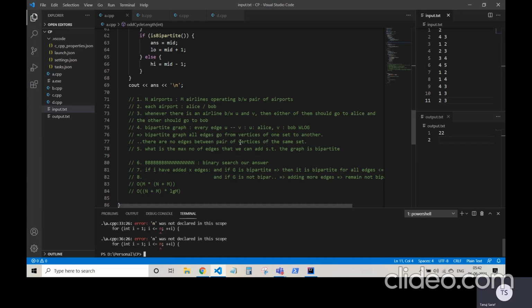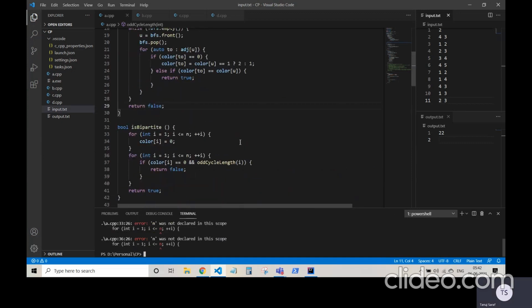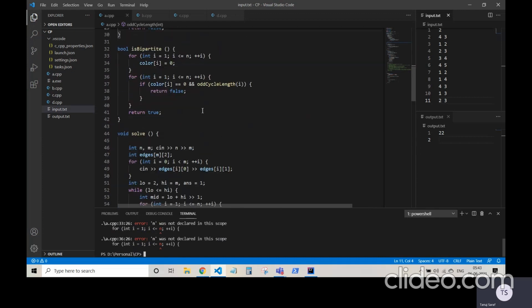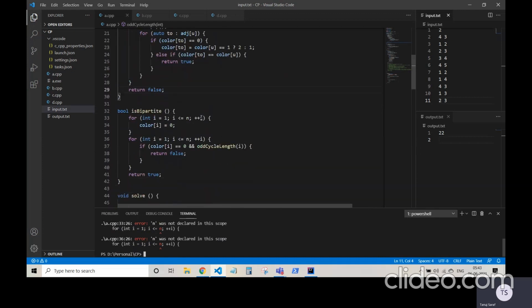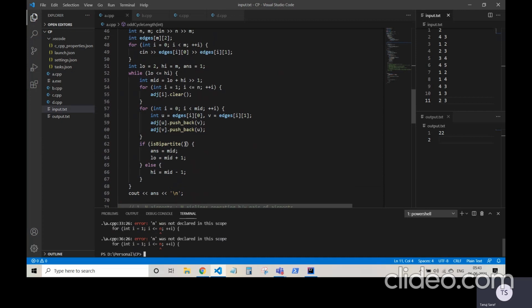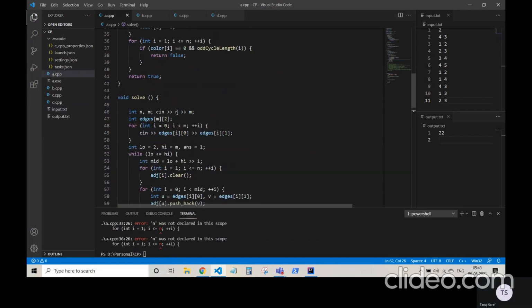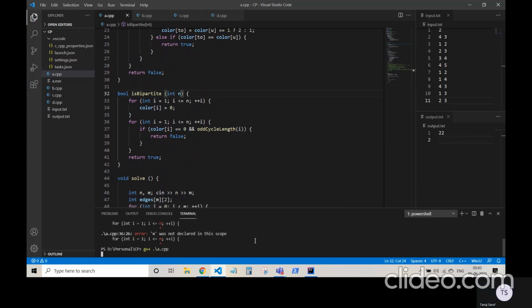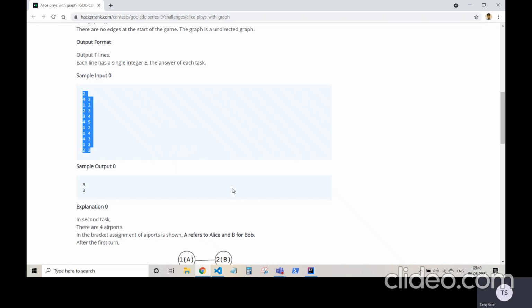Okay, I've missed out on something. So either I need to pass n. Okay, so let's pass n. 3 and 5.